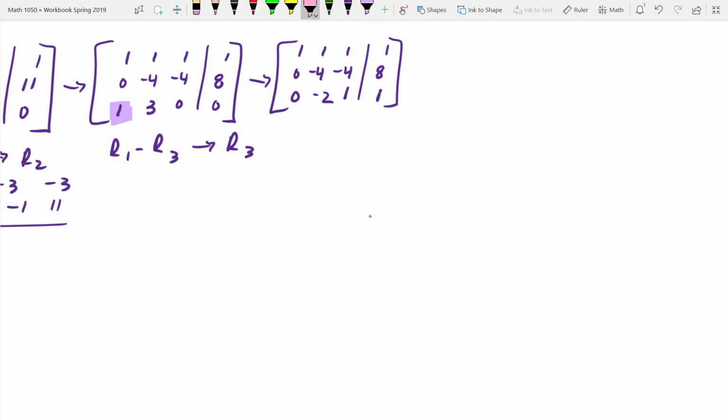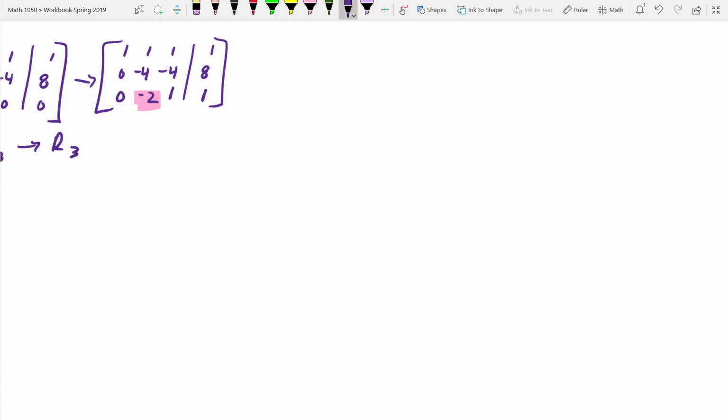The last thing I need to get is a 0 right here. In that position, I cannot use row 1 because this 1 will mess up this 0. But I'm lucky because I can turn a 2 into a 4 easily and then just add those together. So I'm going to go -2 times row 3. That turns that into a +4. Added to row 2 becomes my new row 3.